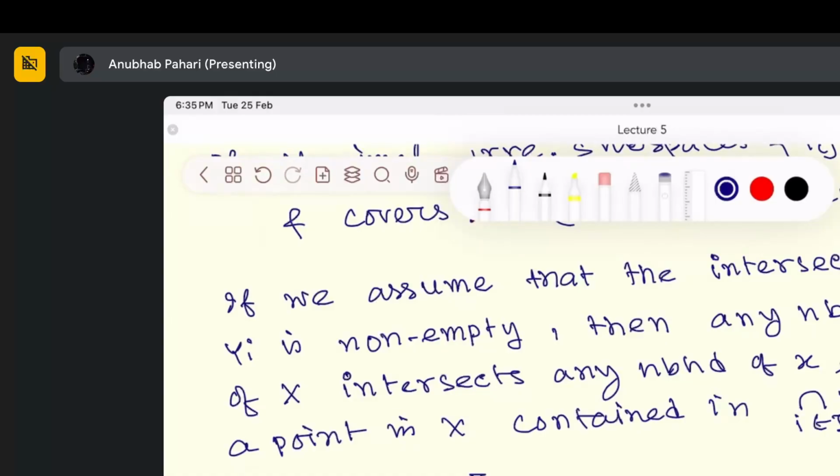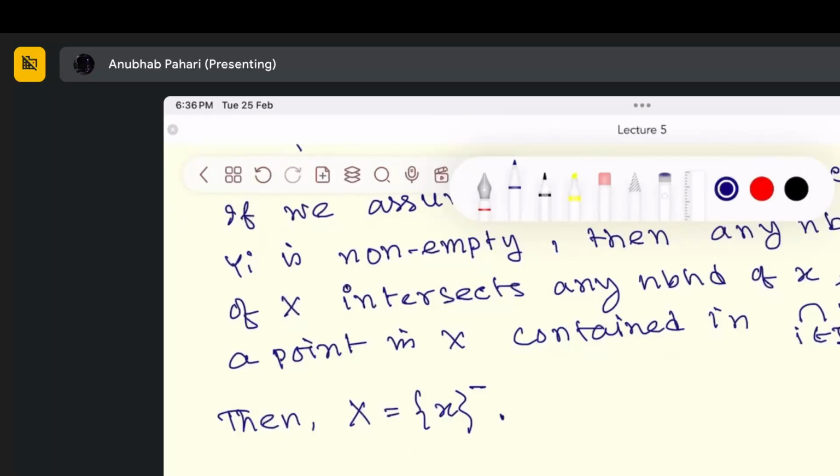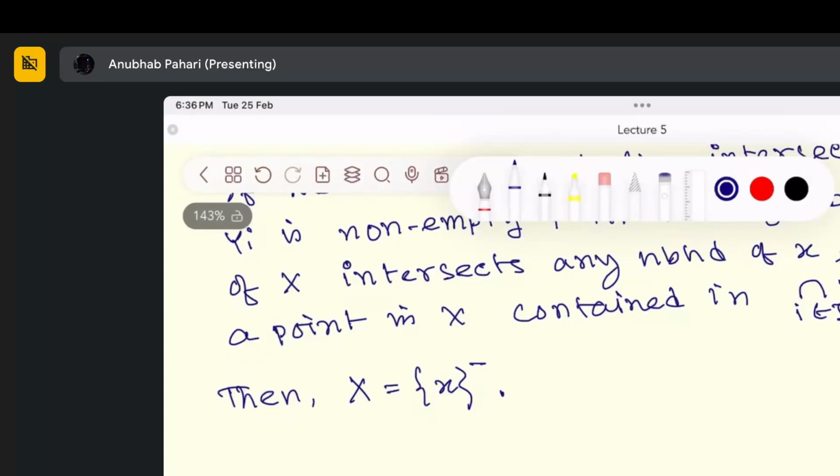Now in the case where this intersection is empty, the sets X minus Yi form an open cover of X, and this necessarily has a finite subcover, since again this is also a result.